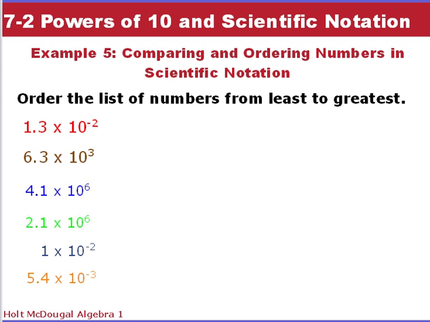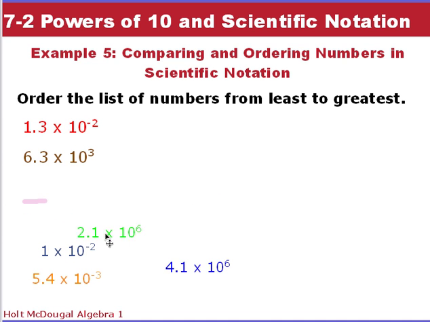Here we want to compare or order the list of numbers from least to greatest. In doing these, we want to look at both the number in front and the exponents. Looking at this, 4.1 times 10 to the 6th and this one have the greatest power of 10, but 4.1 is larger than 2.1, so that's going to be the biggest, followed by this one.